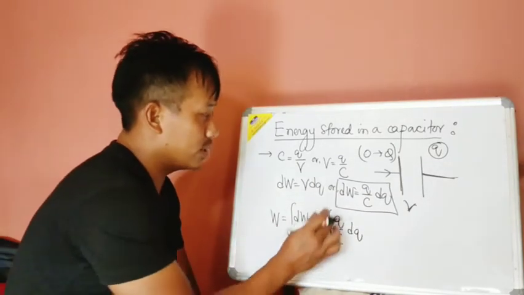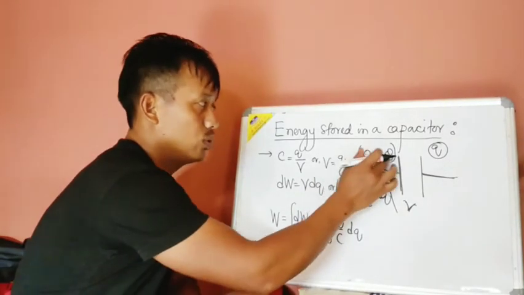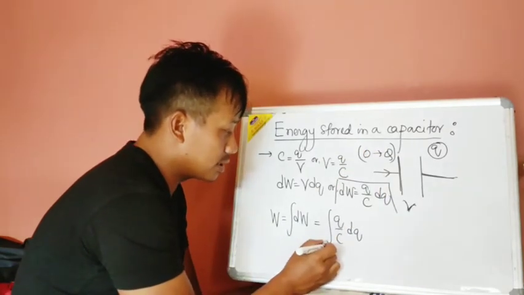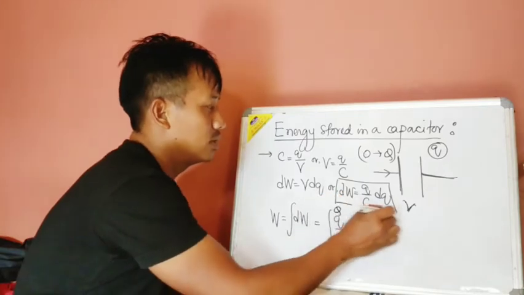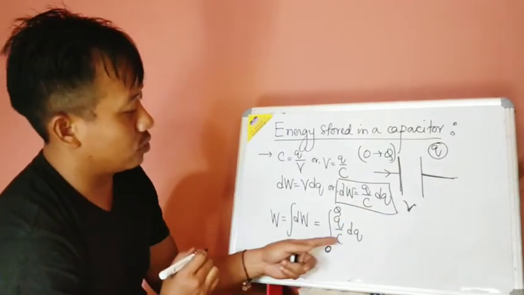Charge varies from initial charge 0 to final charge Q. So this much is the total work done.